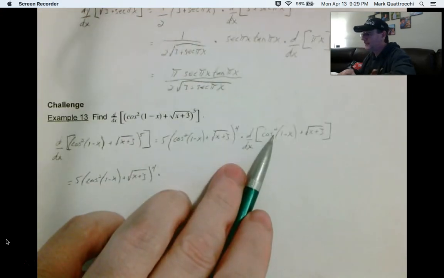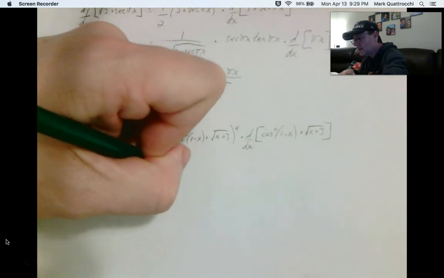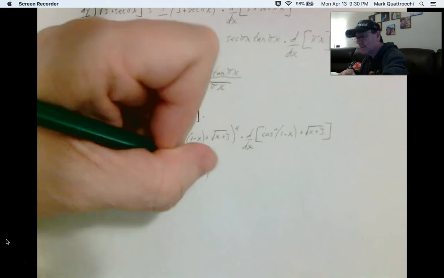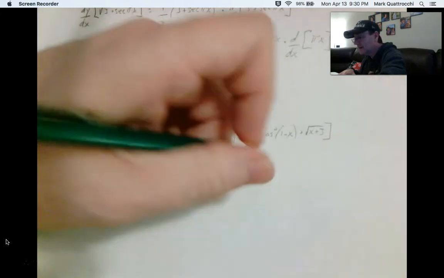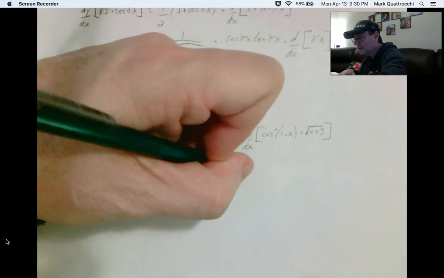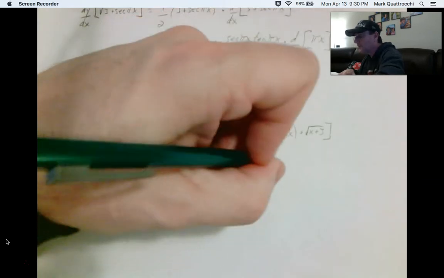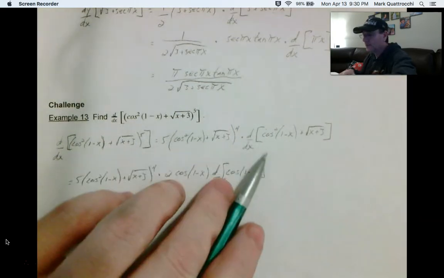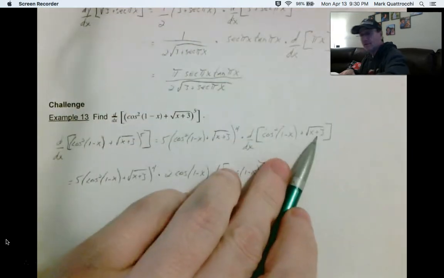First function here, power rule, 2 cosine 1 minus x times d dx of the inner function, cosine of 1 minus x. Got that so far? So I took the derivative of this plus the derivative of this.